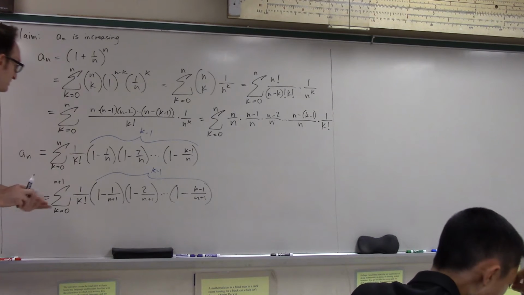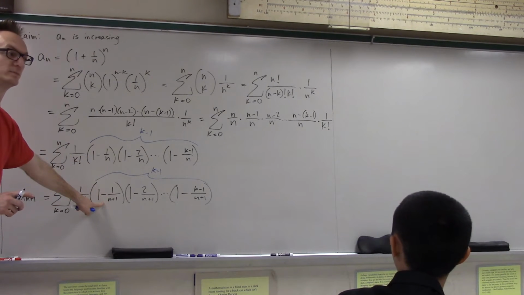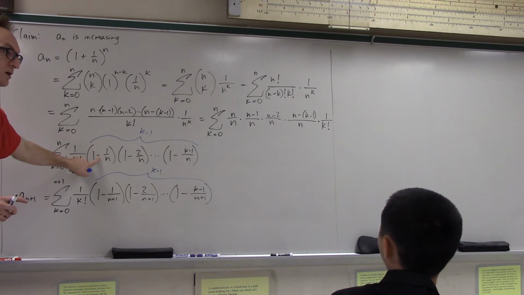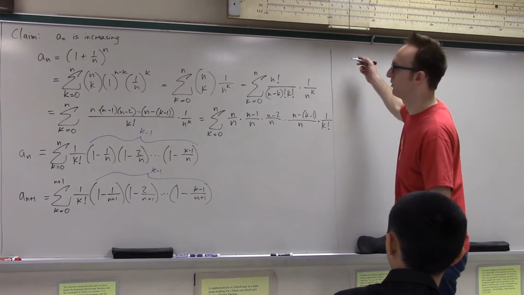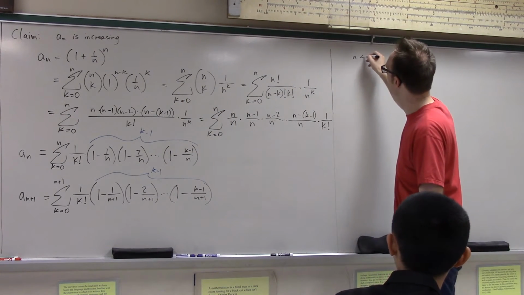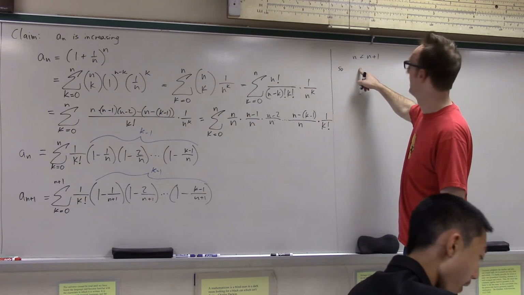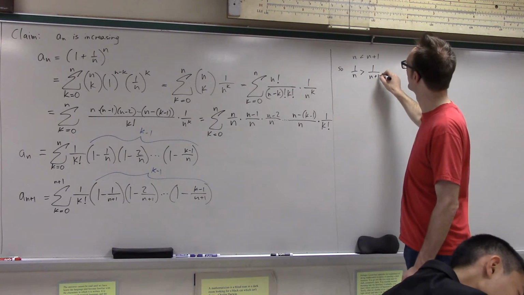Additionally, do you see a relationship between this and this? 1 over n plus 1 is smaller. Yeah, this one is smaller, right? And that's just a simple claim. n is less than n plus 1, so 1 over n is greater than 1 over n plus 1.